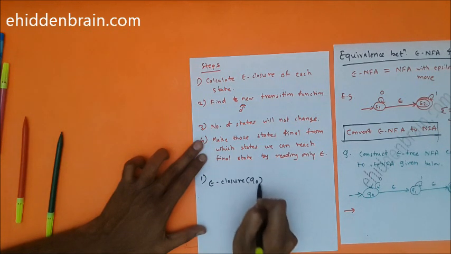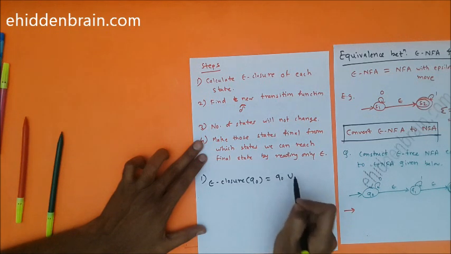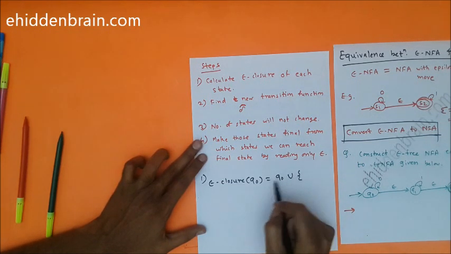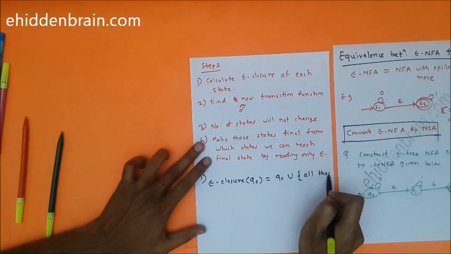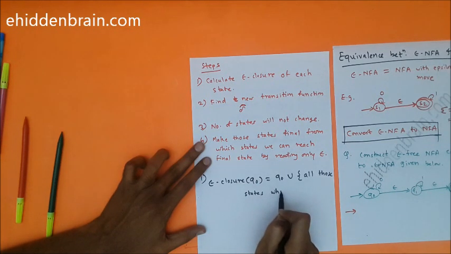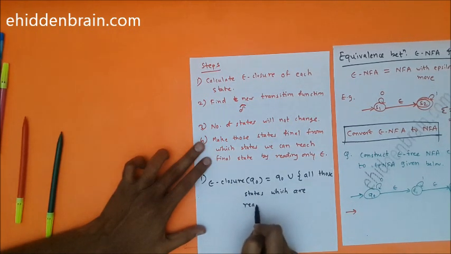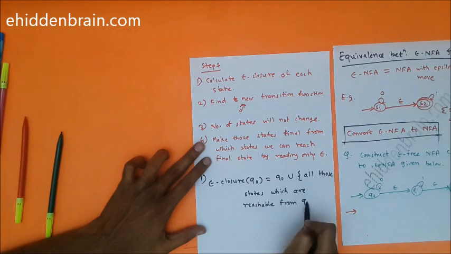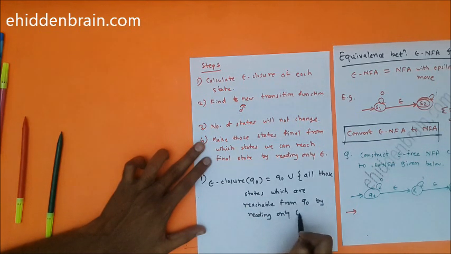Epsilon closure of Q0 is equal to Q0 union with, again it's a set, all those states which are reachable from Q0 by reading only epsilon.